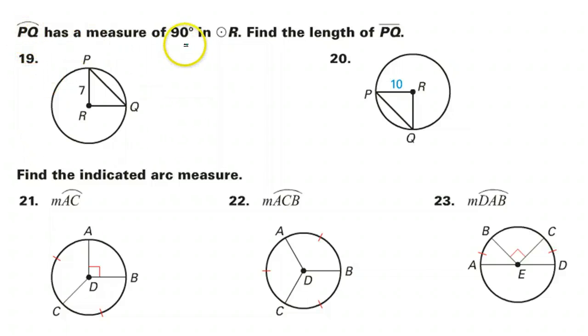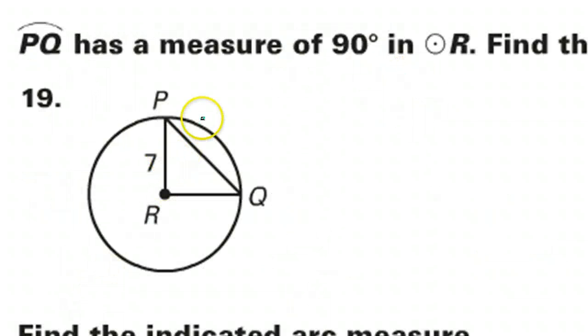Arc PQ has a measure of 90 degrees in circle R. Find the length of segment PQ. Alright, well, we've learned that the measure of an arc and the measure of the central angle that intercepts it are the same.